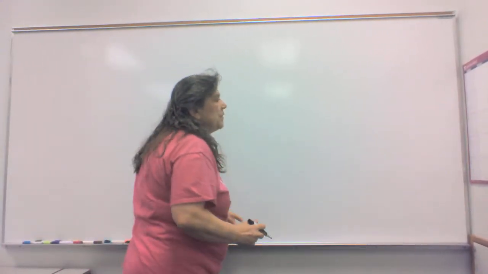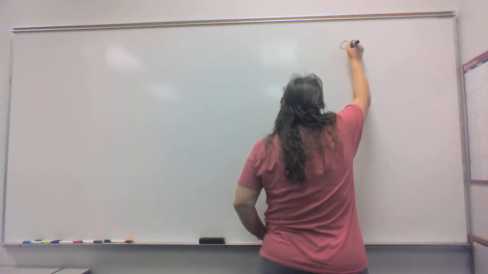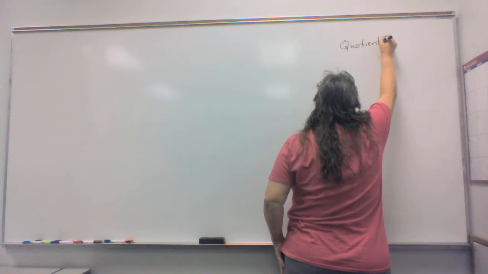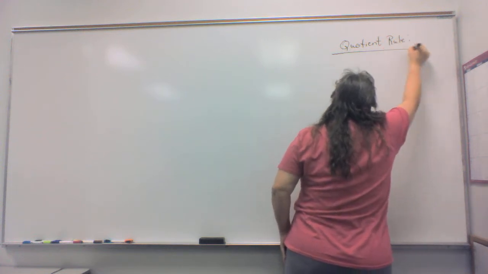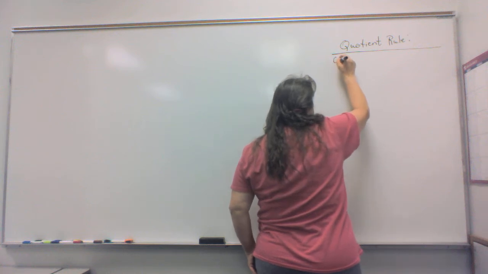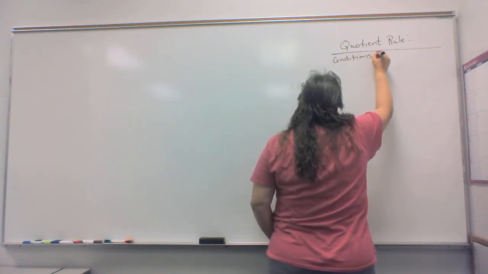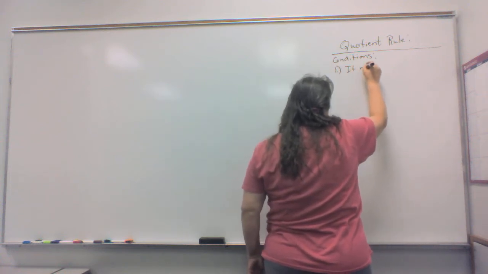The second rule we are going to look at is the quotient rule. So let's look at the quotient rule. Again, we have two conditions. My first condition: it must be division.